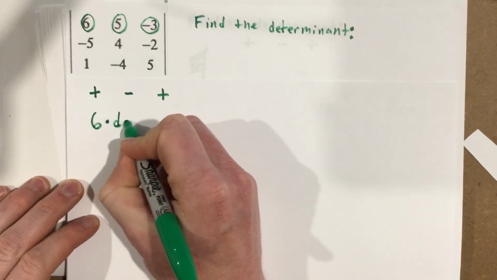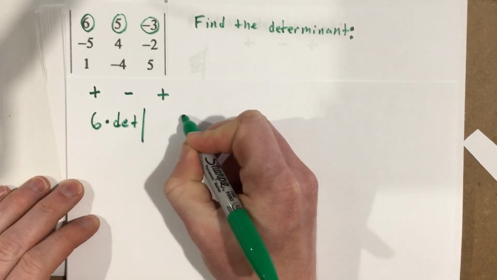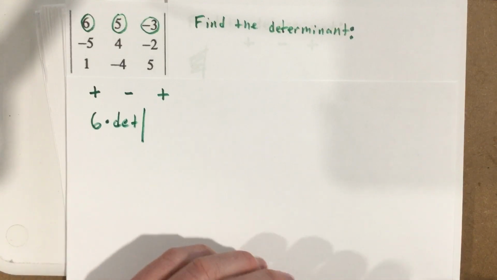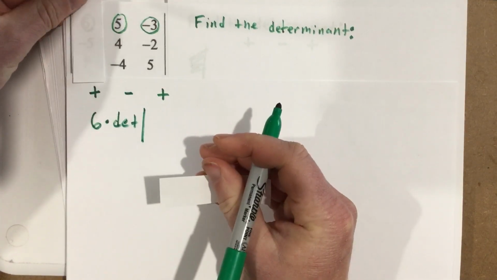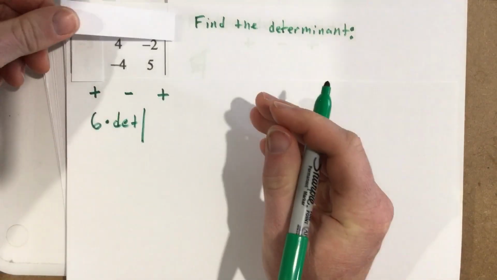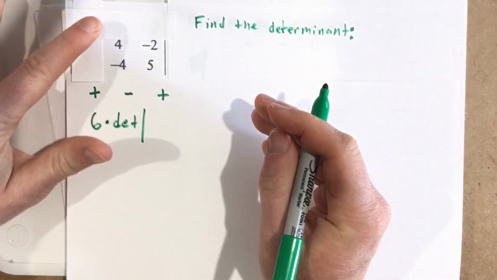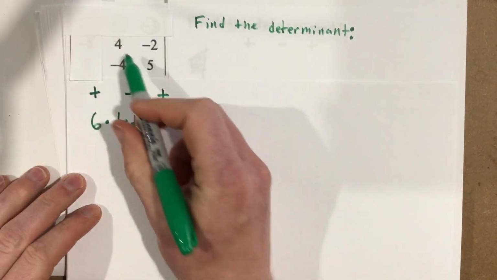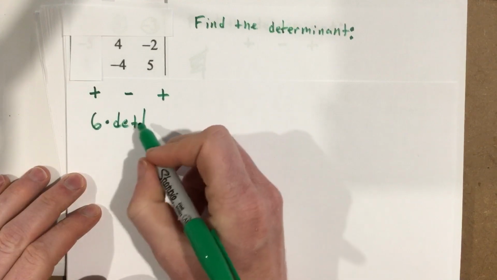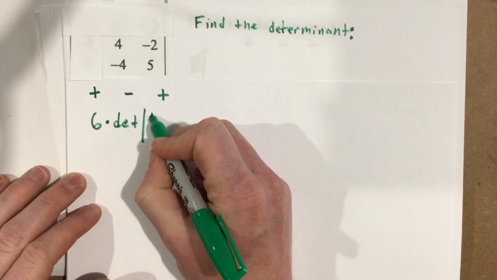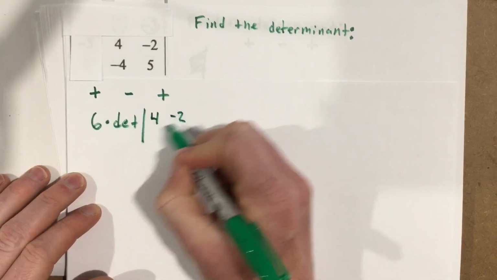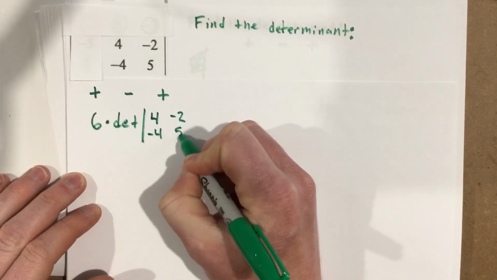Now how do we get that determinant? Well, we get the determinant from crossing out the first column and the first row, because that's where the 6 was located, and then looking at the 2 by 2 matrix that's left. So we take 6 times the determinant of 4, -2, -4, 5.